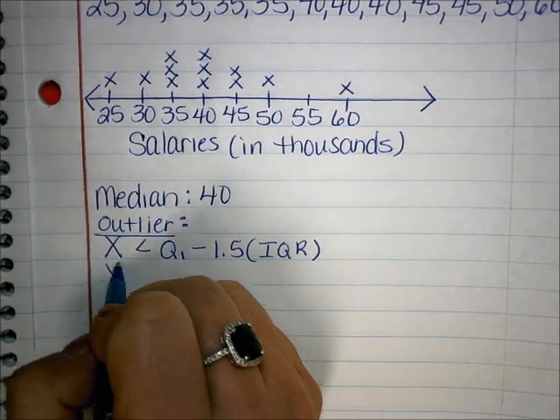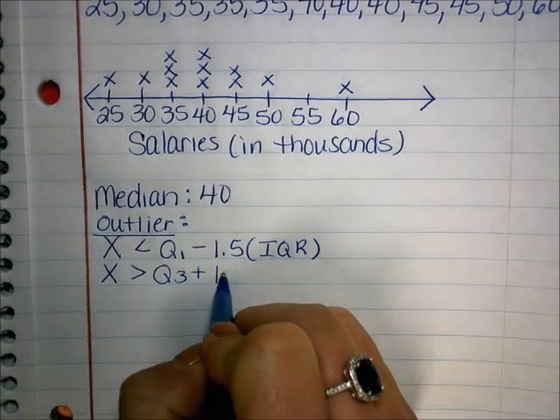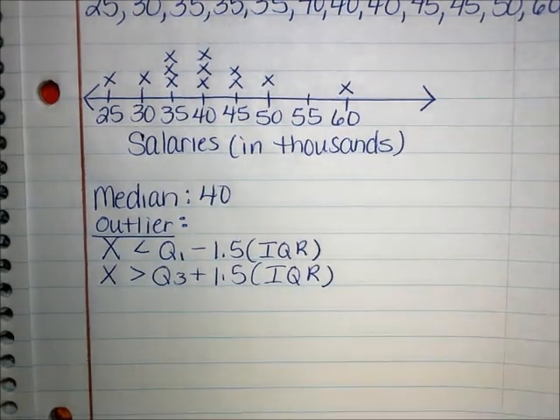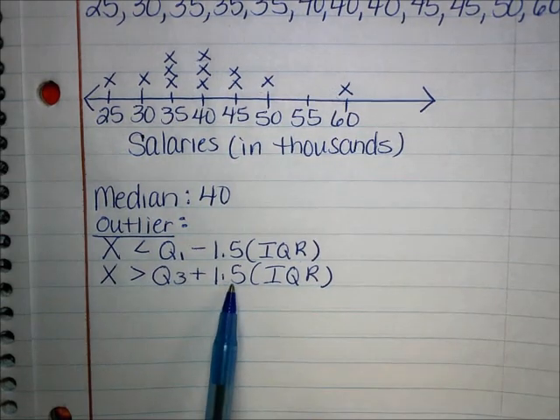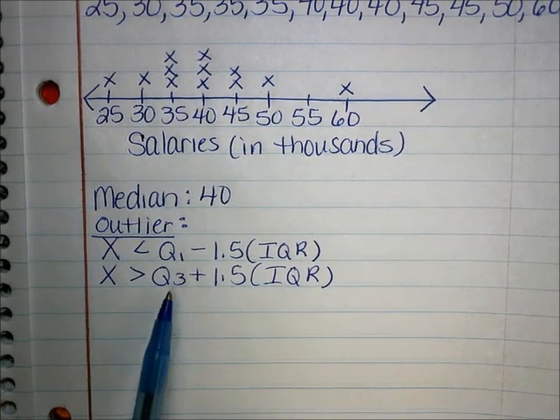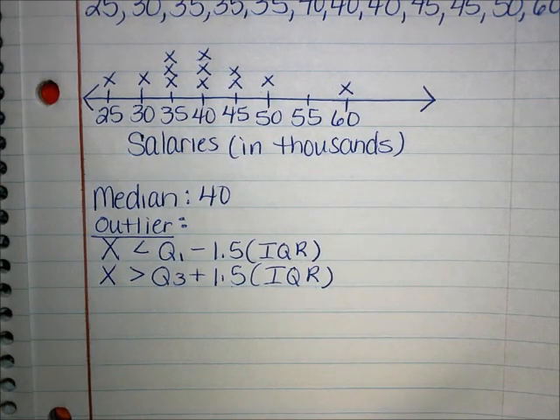Now, you could also be greater than the third quartile plus 1.5 times the size of that range. So if you are more than 1.5 times the interquartile range greater than, so added to the third quartile, then you would be an outlier as well.